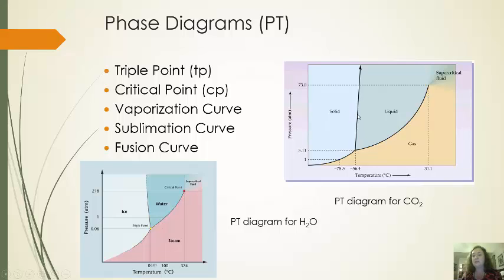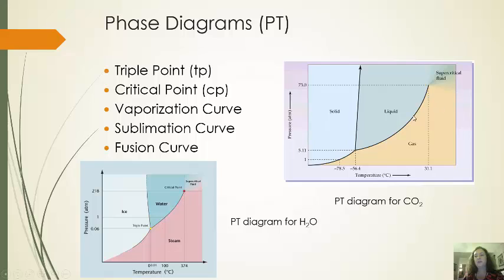Okay, they both can coexist. Liquids and gases here, and solids and gases here. All three of those curves meet right here at what's called the triple point. The triple point is a unique pressure and temperature for a pure substance where all three phases can coexist.